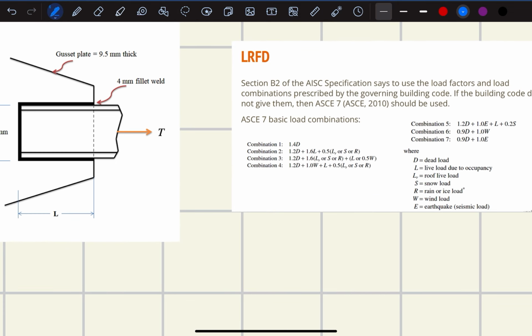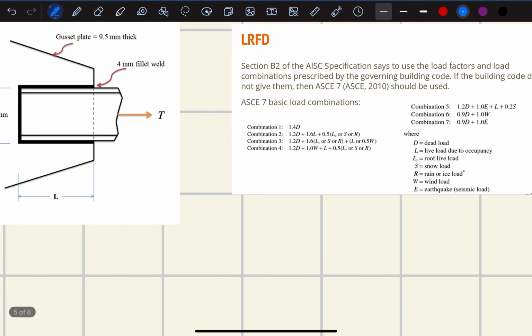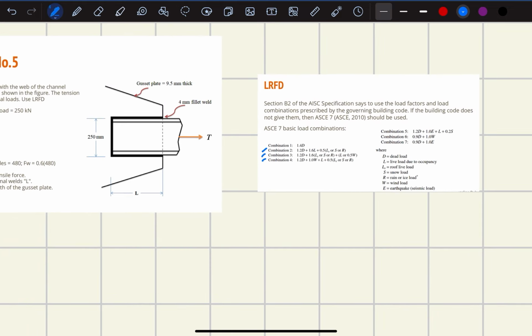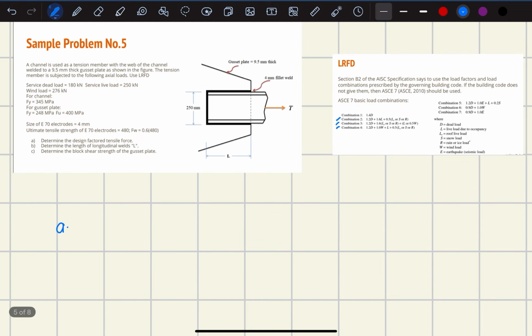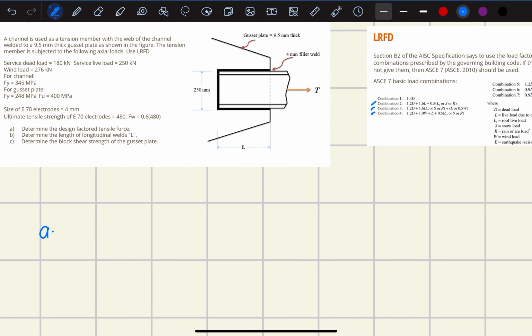Pipili tayo dito ng load combinations: combination 1, 2, at saka 4. And then, i-compare natin kung sino yung may mataas na value ng factored tensile force.